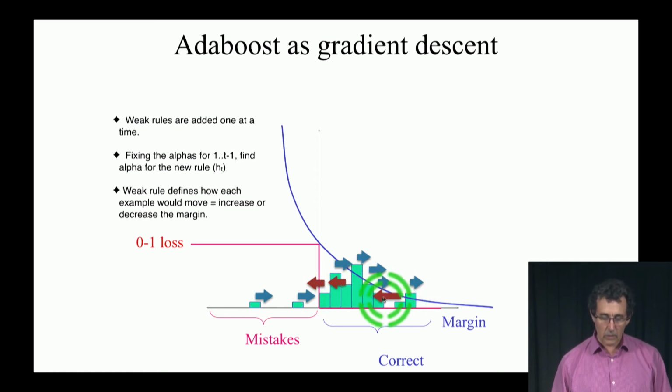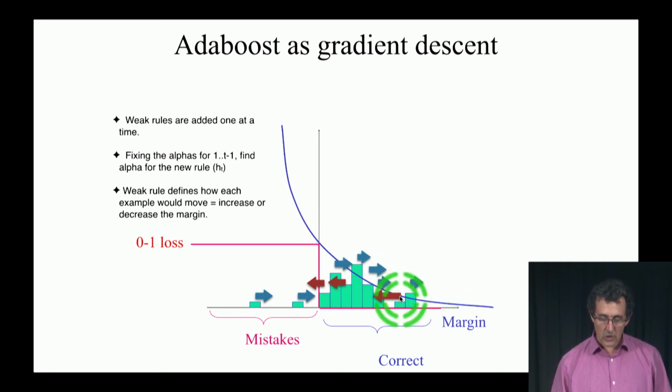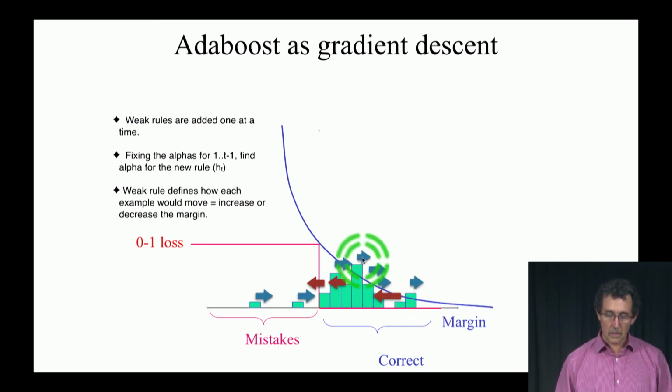And here we also allow the weak hypothesis to sometimes give bigger predictions and sometimes give smaller predictions. They don't have to all be -1 or 1. They can be any number between. And so now we want to say, okay, if we add this rule with some weight, how much will it change the potential? The change in the potential is basically a sum of these little gradients.